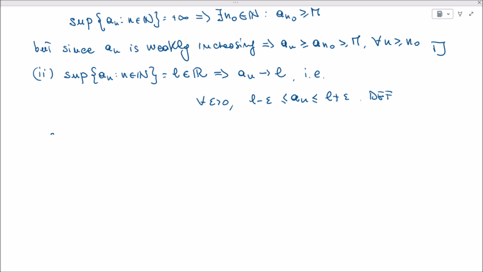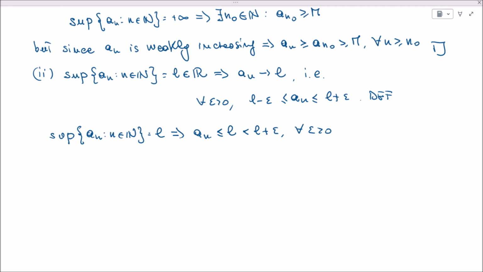Let's start by assuming that the supremum of an for n in the natural numbers is equal to L. Well then, certainly we know that an will always be less than or equal to L, which is in turn less than L plus epsilon for every epsilon larger than 0.